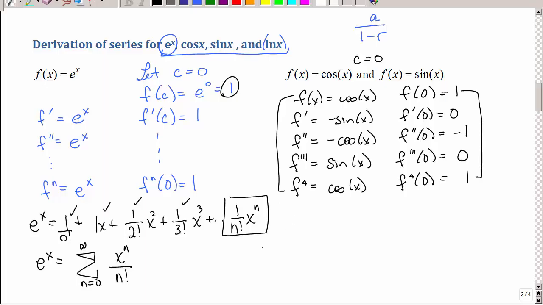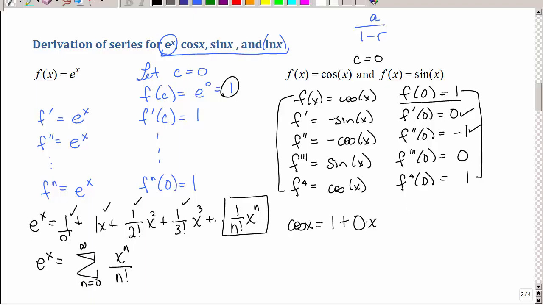All right, so I could rewrite that the cosine of x is going to be, one more time, our function evaluated at c, which is 1, and that's really over 0 factorial, plus our first derivative. Well, that's going to be 0. And yes, that's going to be multiplied times x, but it's still 0.